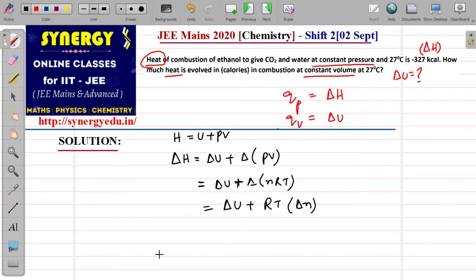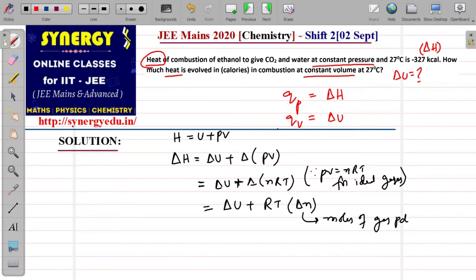Now this delta n is applicable for gases, since PV is equal to nRT, we are applying it for the gases. Ultimately delta n is the moles of gaseous products minus moles of gaseous reactants.